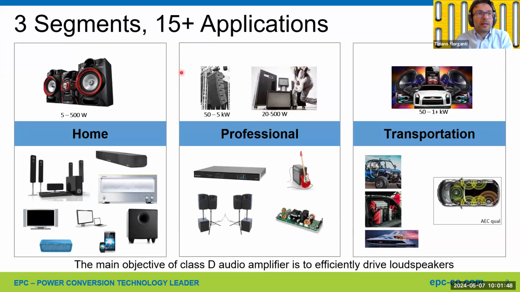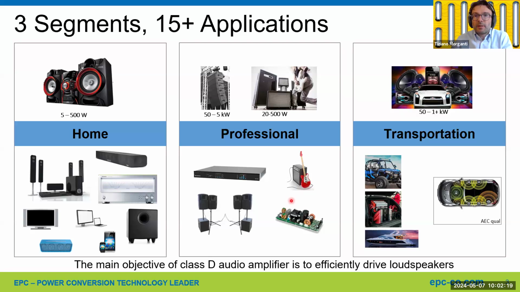So the audio market is divided in three main segments: home, professional, and transportation. So in home market, we have sound bars, hi-fi amplifiers, home cinema sets, and subwoofers, and so on. For pro audio, we have fixed install amplifiers, touring amplifiers, powered loudspeakers.